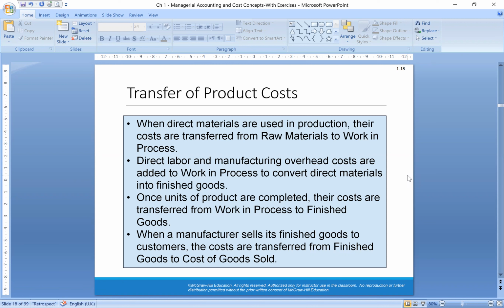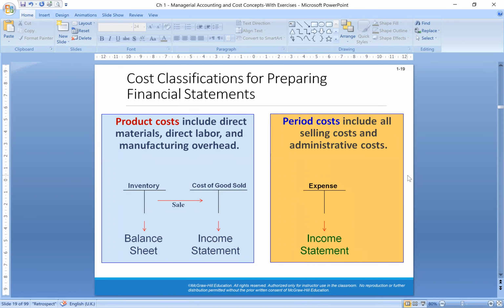And when the manufacturer sells the finished goods to customers, these costs are transferred from finished goods to cost of goods sold. And then we will say that these costs are transferred to the income statement rather than the balance sheet or financial position.